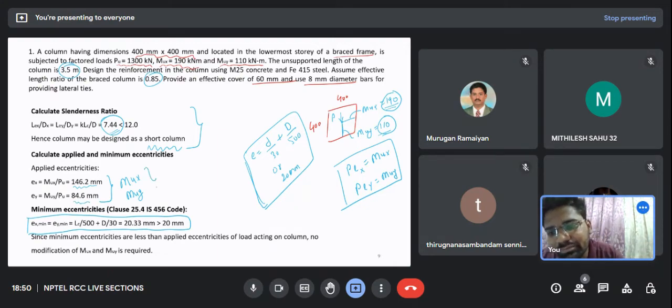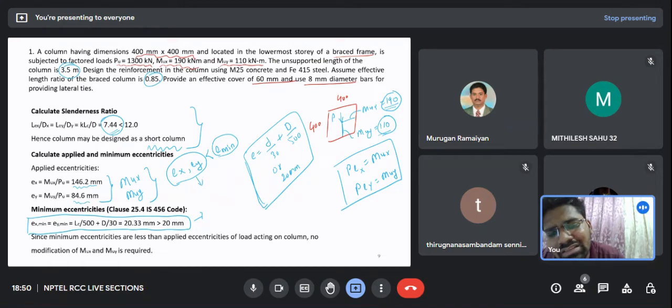Let me first think what you are trying to say. You are saying to limit the eccentricities. So if I have Ex minimum and Ey minimum values greater than what is acting, it is already limited. Murugan, if my Ex and Ey values are less than e minimum, that is the accidental eccentricity, then these are the actual eccentricities and this is the accidental eccentricity.